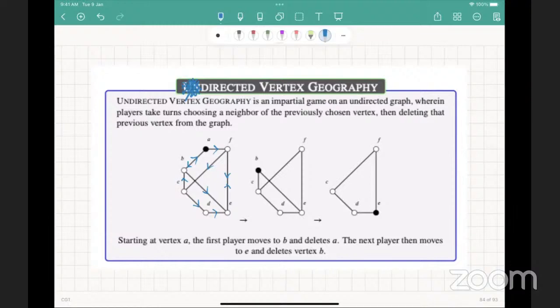The Hamiltonian side of things tends to be very intractable, but the Euler walks have these really nice, efficient characterizations. And I'm definitely encouraging of looking at both. They're both interesting and contrasting notions in their own right. But this is kind of where we will also conclude our discussions of geography.